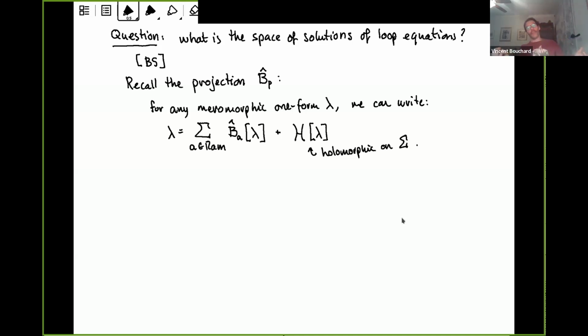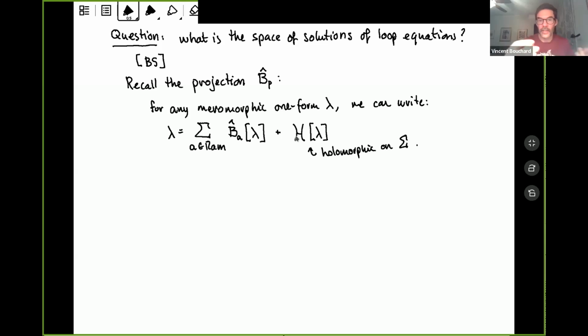Okay, so that would be for any meromorphic one form that only has poles at the ramification points. You can project at each of these points, constructing a new one form that has the same principal parts, but the way you project depends on omega 0,2, and that means that here you will get an extra term, which would be holomorphic at the ramification point.